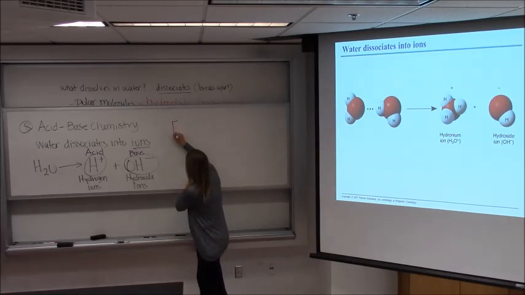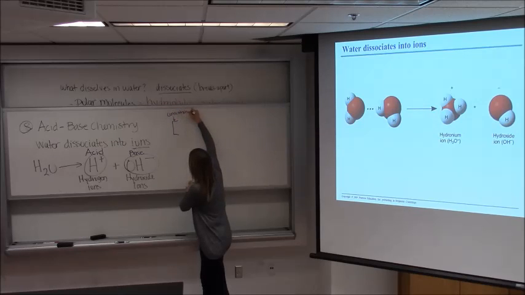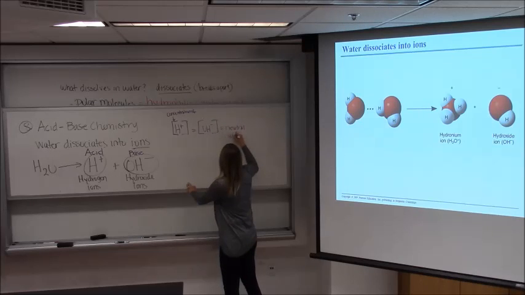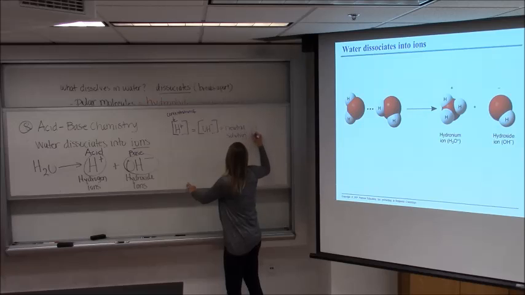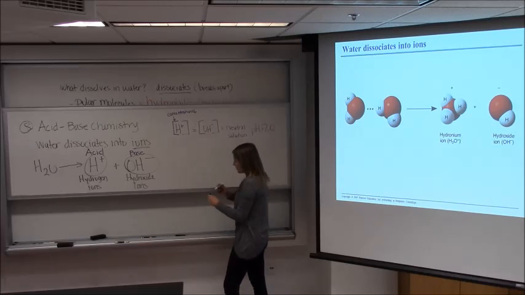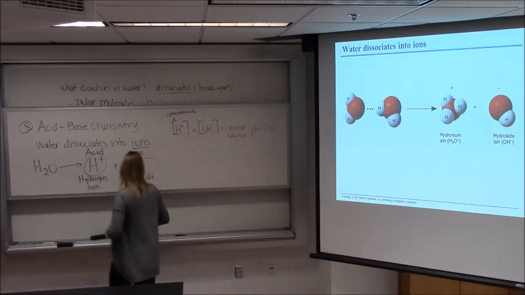These little brackets mean concentration of. So when the concentration of hydrogen ions is equal to the concentration of hydroxide ions, that's what we call a neutral solution. And we assign that a pH value of 7. That's what we consider neutral pH on the pH scale.